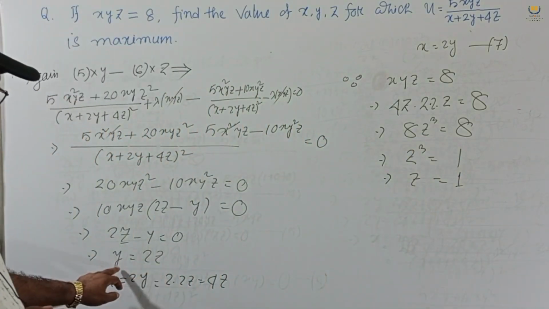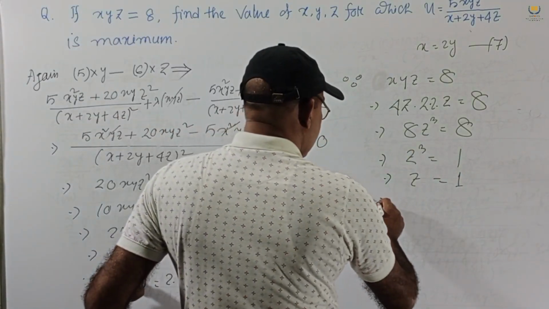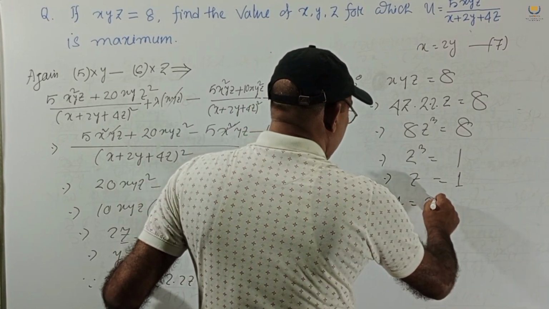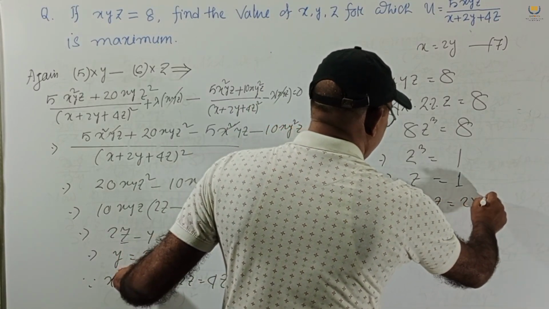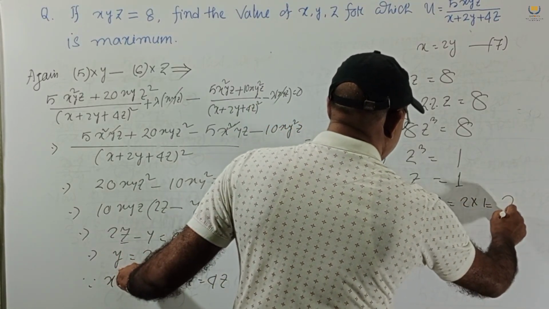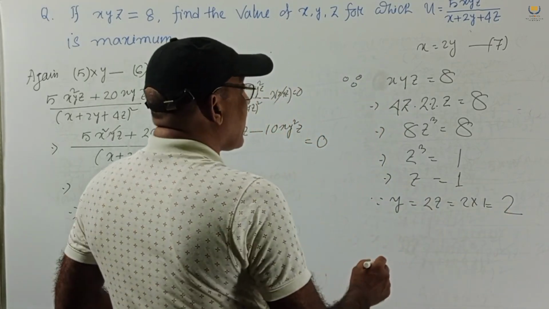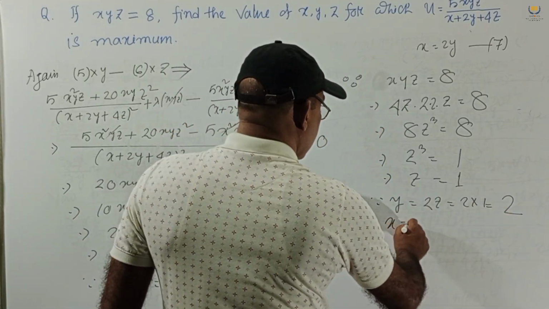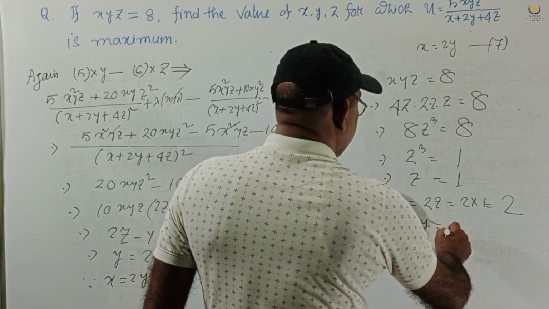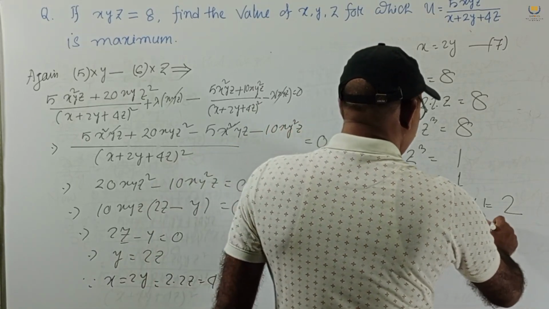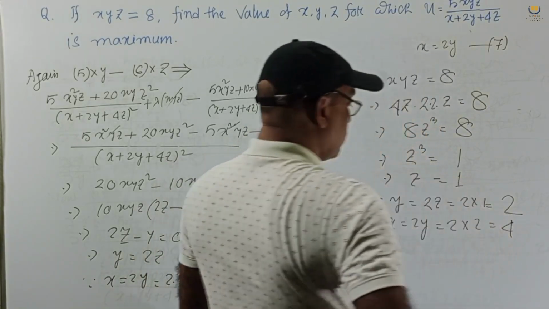Then we find y. Since y = 2z, 2 into 1 gives 2. And x = 2y, 2 into 2 gives 4.